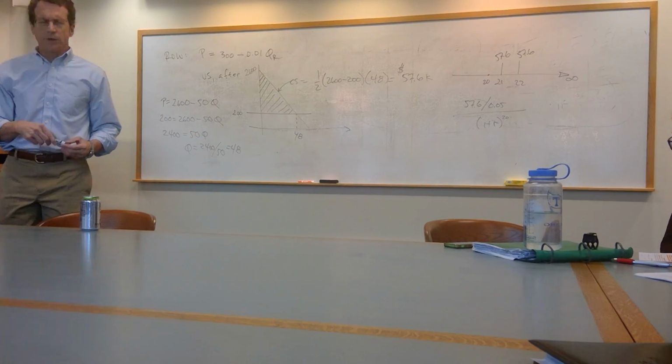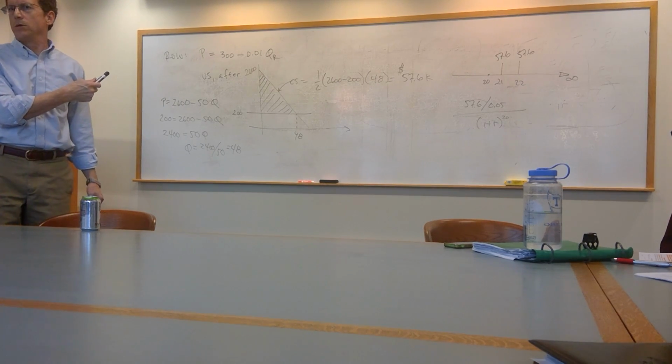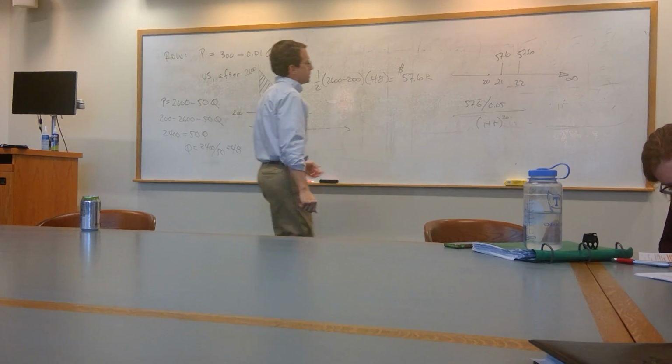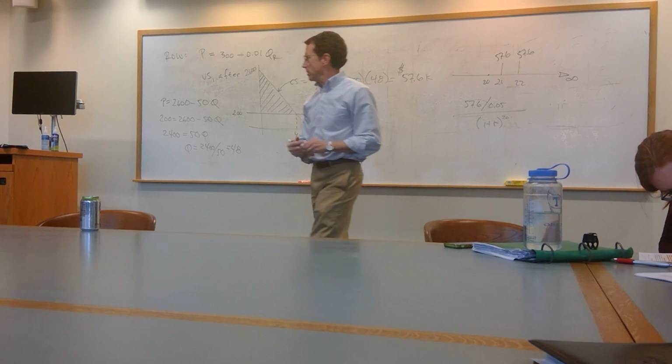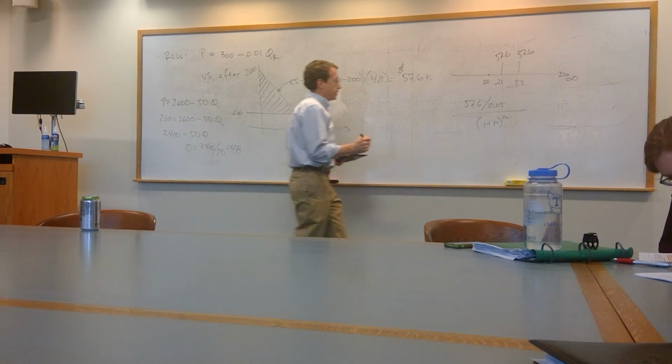Is that getting too hard to read? I could go get a darker pen. Okay, so this is the PV of that, and the answer is 434K.